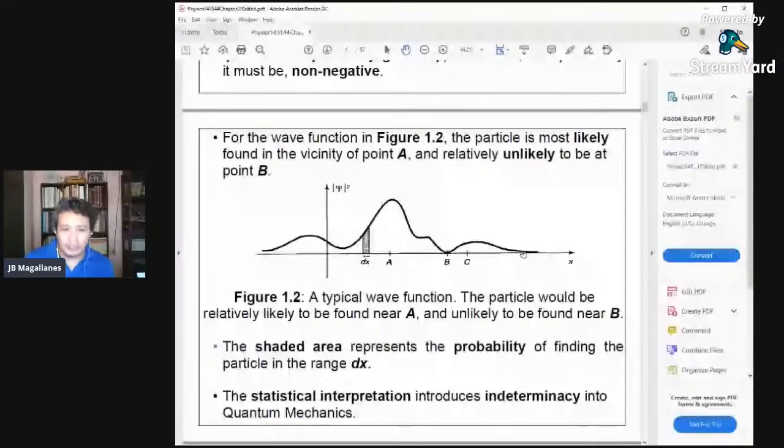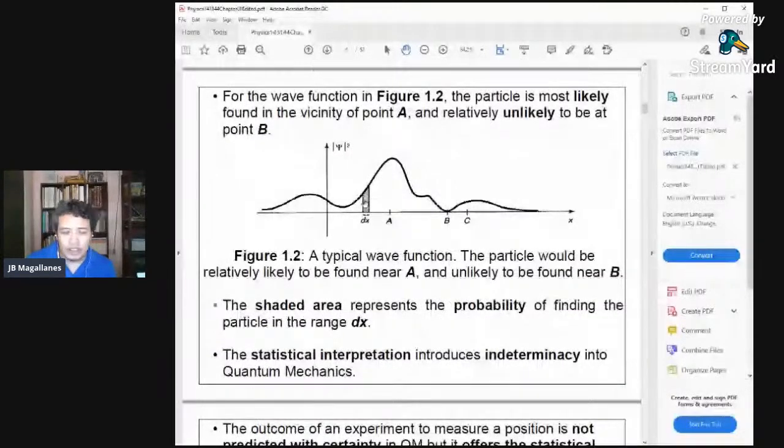So here, the shaded area in this particular plot. By the way, in this plot you have the y-axis as psi square, and the horizontal axis is the position, for example. It could be time as well, could be other variables.